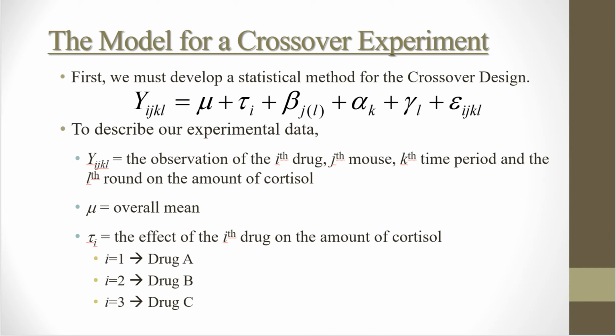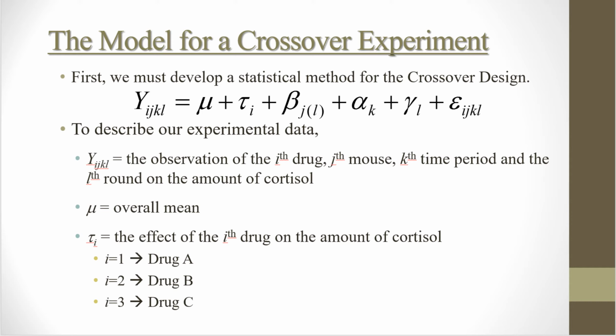In order to analyze the data, we have to understand the model. The model is very similar to a replicated Latin square design, where Y_ijkl is the observation of the ith drug, jth mouse in the kth time period, and lth round on the amount of cortisol.